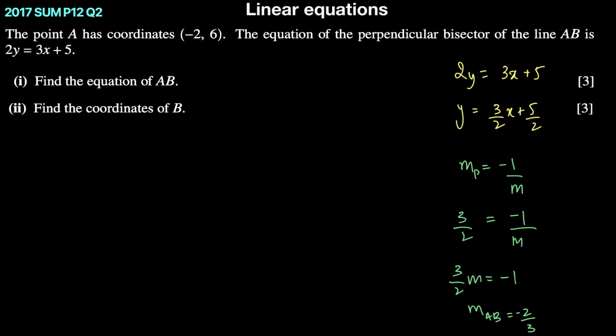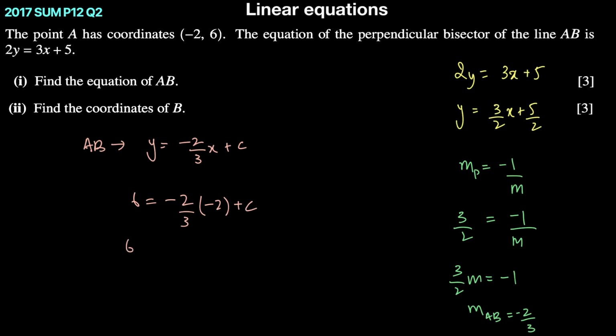Now we know that the equation of the line AB, in the form y = mx + c, is y = -2/3 x + c. Since we already have a given point on this line, the coordinates of this point will satisfy this equation. So when x = -2, y = 6. So 6 = -2/3 times -2 plus c.